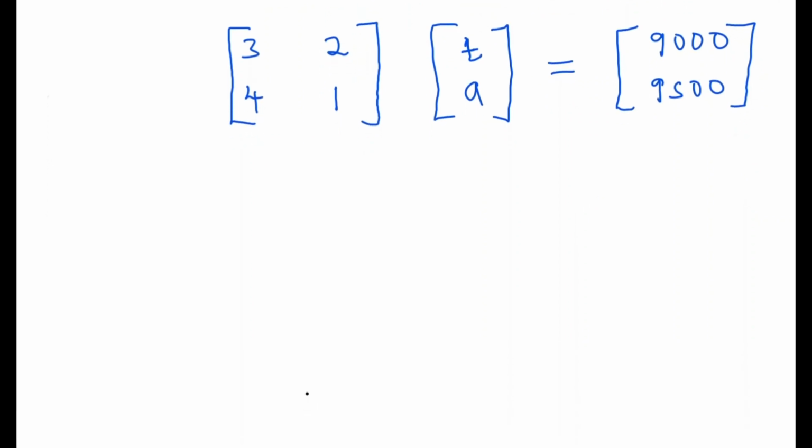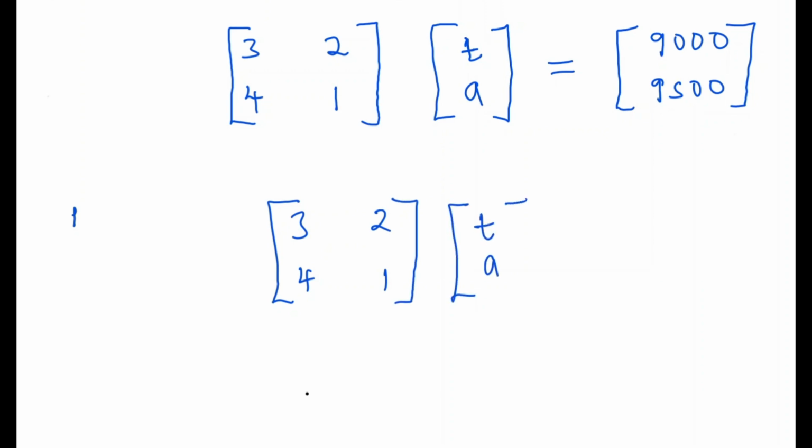We can pre-multiply with the inverse on this side and on this side, so that we get rid of the coefficient matrices. So our coefficient matrix was here 3, 4, 2, 1, and then in front of it we had our variables matrix, which had T and A in it.